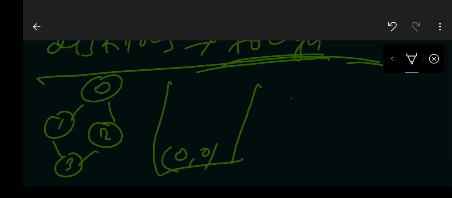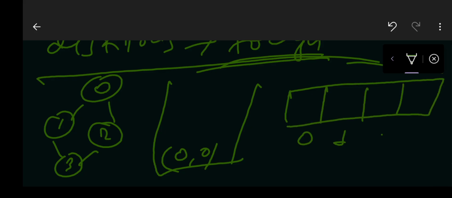Now after pushing 0 comma 0 into the queue, you do one thing. You assign an infinity array for nodes 0, 1, 2, 3. Here you assign 0, infinity, infinity, infinity.